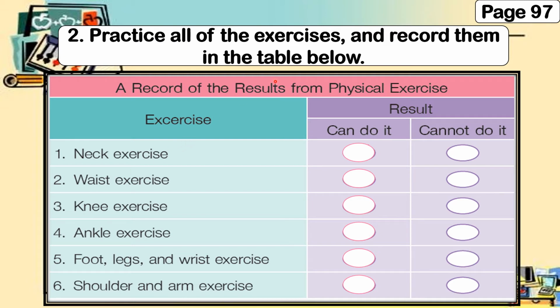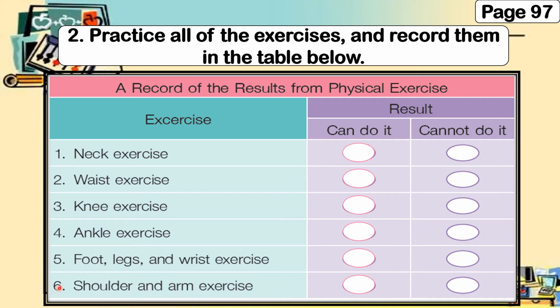So for example, here we have these different exercises. First one, we have neck exercise. Number 2 is waist exercise. Number 3, knee exercise. Number 4, ankle exercise. Number 5, foot, legs, and wrist exercise.